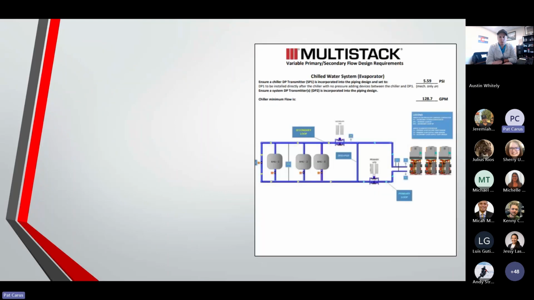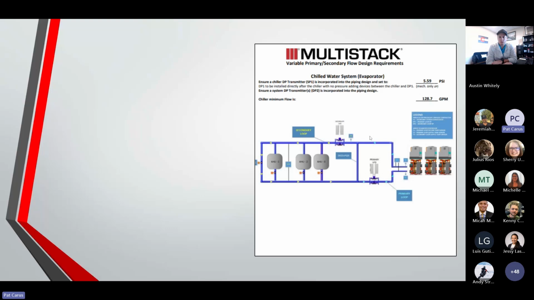We also do the same provision of information with the primary secondary type of application where we have the same information, 5.59 PSI, because that's what's required for this portion of the loop. So it doesn't really change.